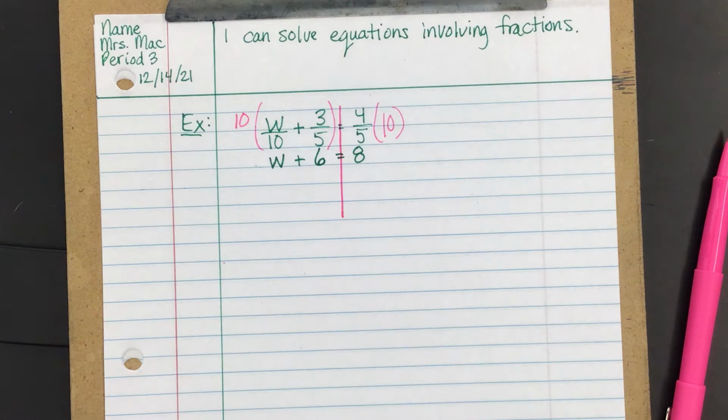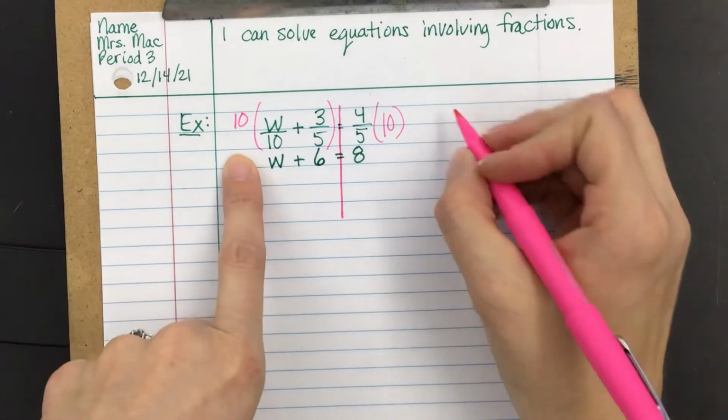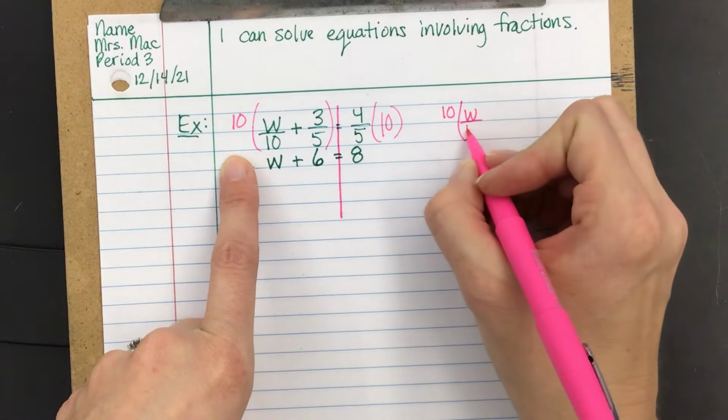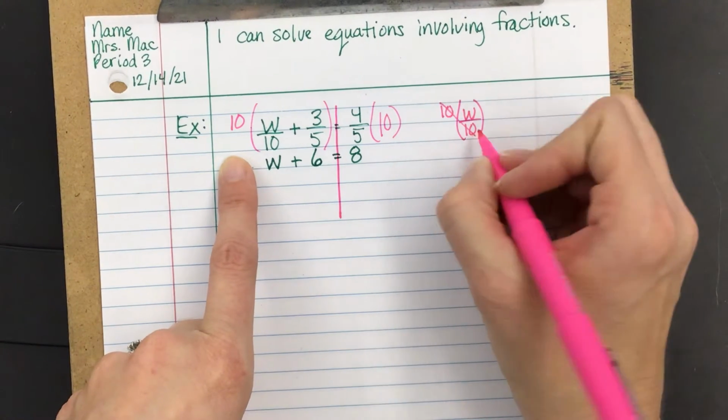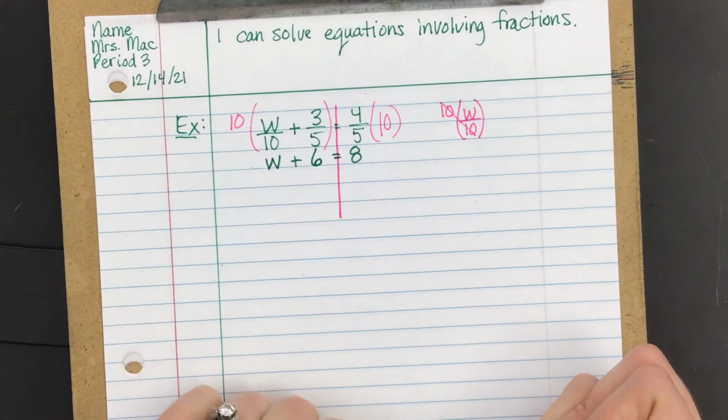Wait, hold on. I know there's a lot of questions, so let's go one at a time. Trent. Yeah, because look, this is 10 times w over 10. 10 divided by 10 is just 1. It cancels out. Okay, next question.